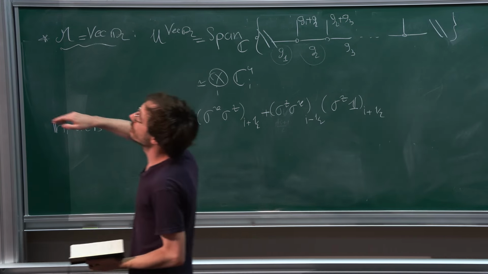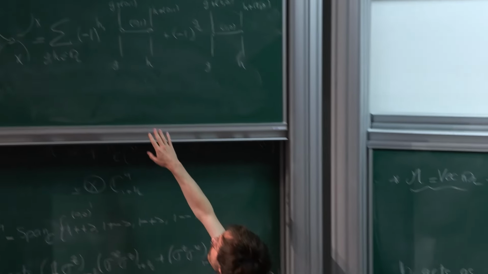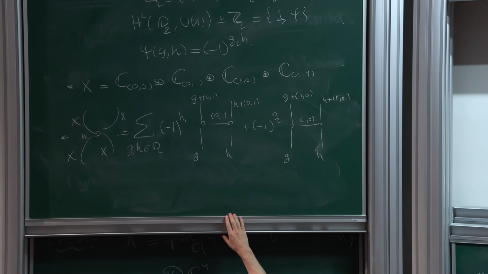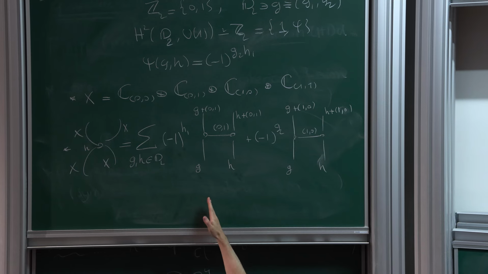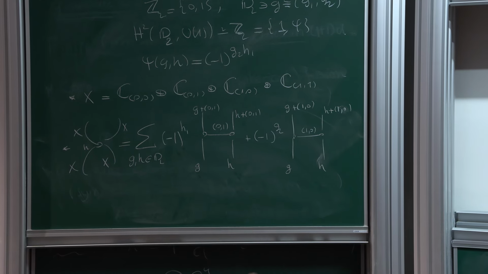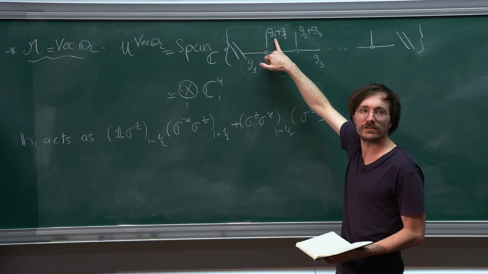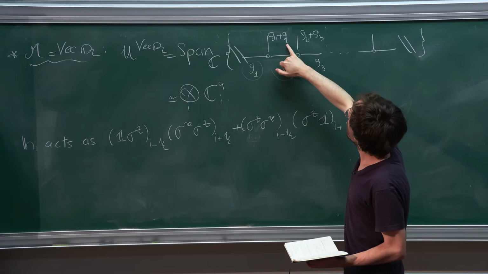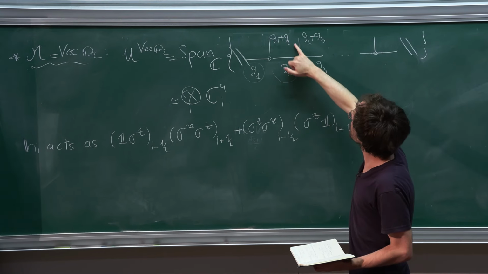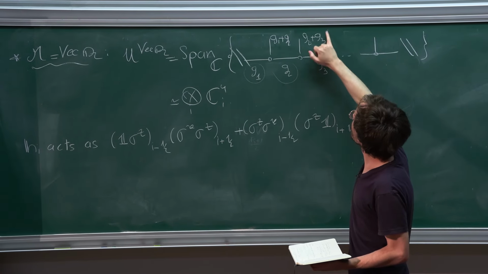If you look at the operator on the left here, it acts on the vertical group element G by multiplication by 0, 1. So basically it's going to act by multiplication by 0, 1 on this one, but it's also going to act by 0, 1 on this one.